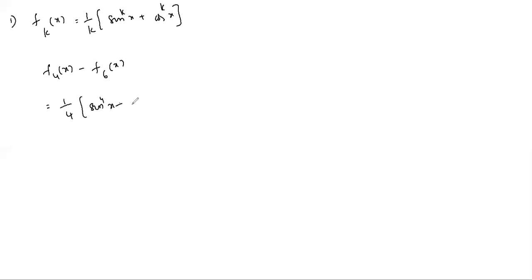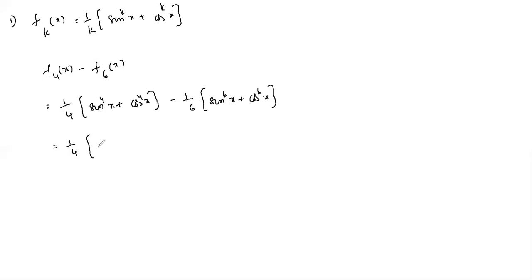f k of x equals 1 by k into sin power kx plus cos power kx. What we have to simplify is f4 of x minus f6 of x. So f4, by putting k equals 4, is 1 by 4 into sin power 4x plus cos power 4x, minus 1 by 6 into sin power 6x plus cos power 6x.